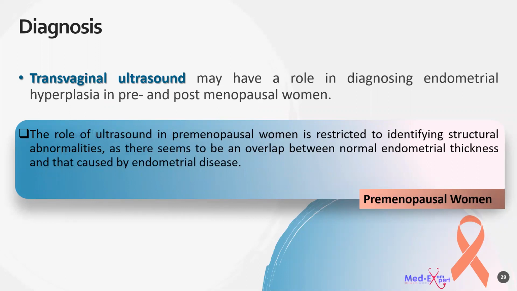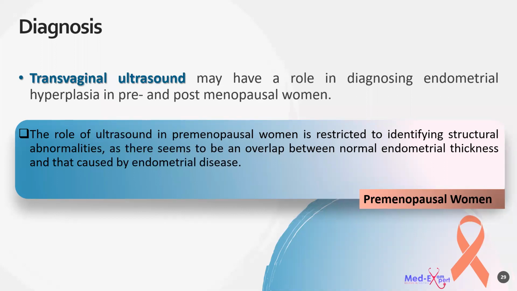Talking about the premenopausal woman, the problem here is that we know in the premenopausal state, it's normal to find a thickened endometrium in the follicular phase of the ovarian cycle or the proliferative phase of the endometrial cycle.